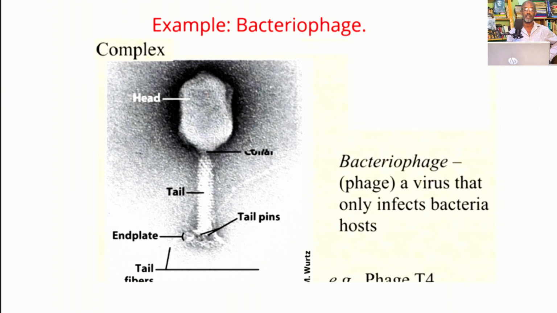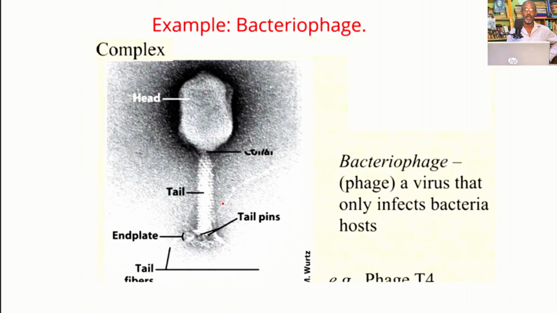You can see the head is polygonal, and this is the tail. The tail part is helical, and it also has some tail fibers.